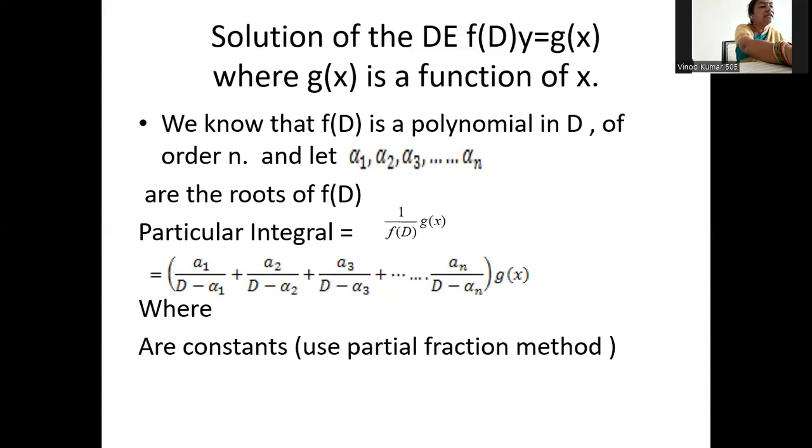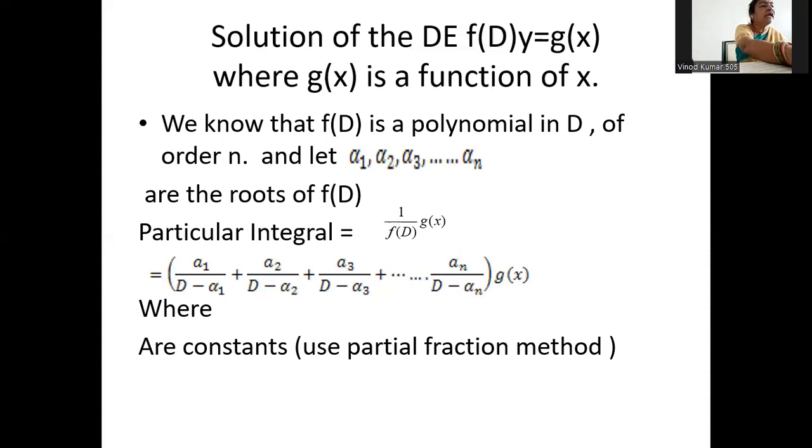When it is a linear factor, we can use partial fractions to simplify 1 by f of D on g of x to the form a1 divided by D minus alpha 1 plus a2 divided by D minus alpha 2, and so on up to an divided by D minus alpha n on g of x.